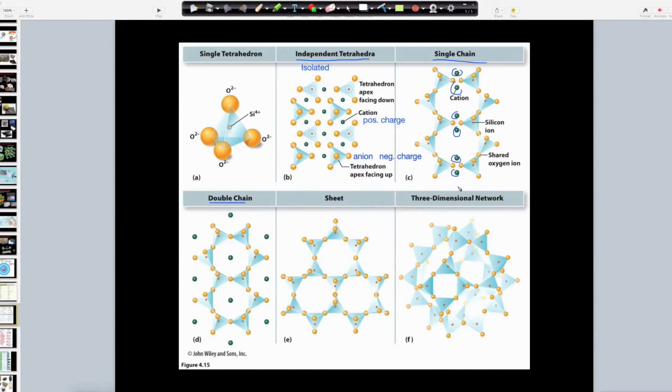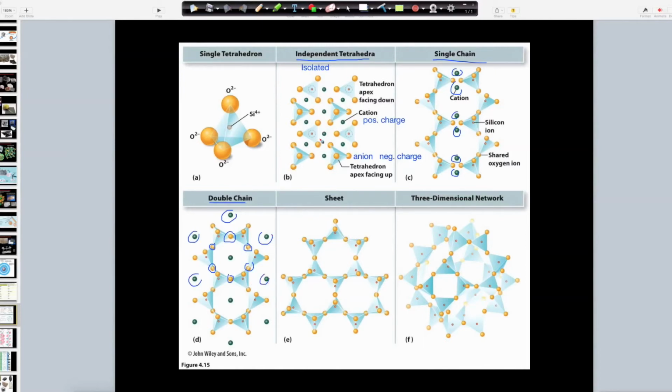So basically you're taking two single chains and combining them so they're sharing a third oxygen. Here you can see how they're forming. They're making one chain, combining together to share oxygens. So once again, these will ionically bond with different cations.